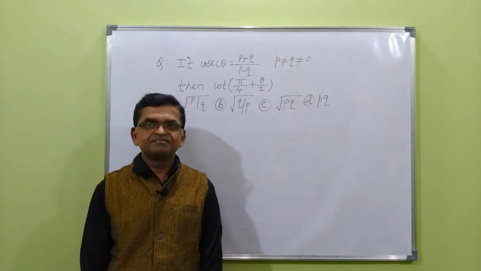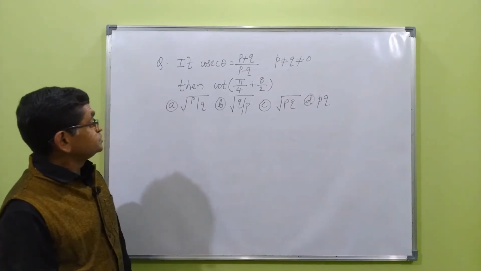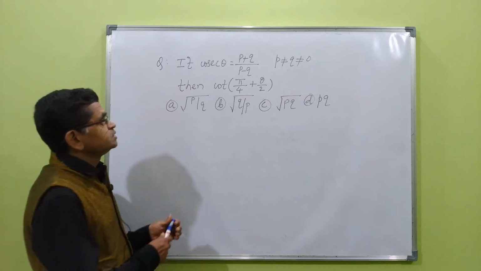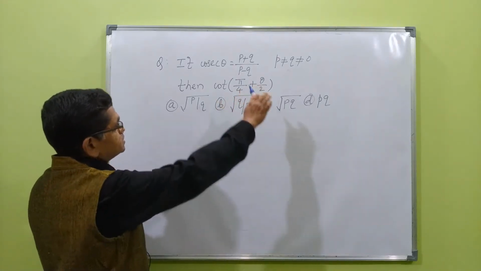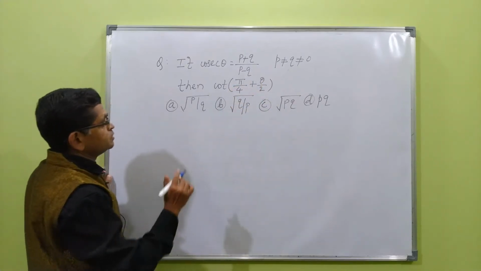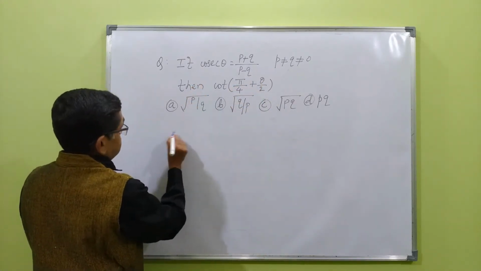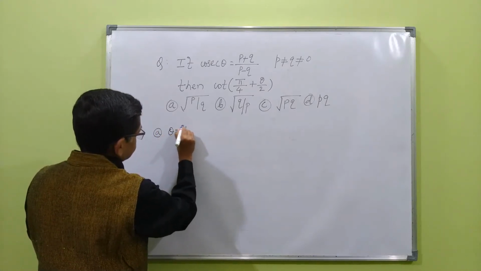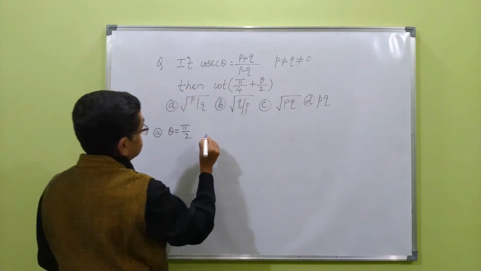Another example, that is, if cosecant theta is equal to P plus Q divided by P minus Q. Okay, let us substitute. Options are given, you have to find this expression value. So at theta is equal to pi by 2, what happens?